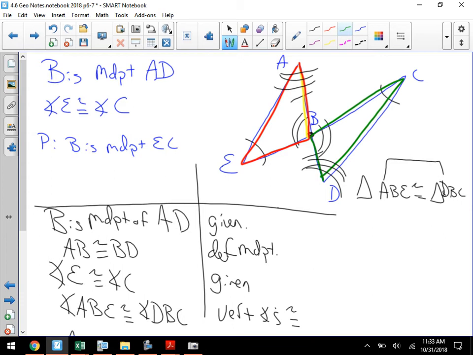I can say that segment AE, first and last, corresponds to segment DC, first and last, because corresponding parts of congruent triangles are congruent. So once you have congruent triangles, all the corresponding parts match. That's what that means. All right.